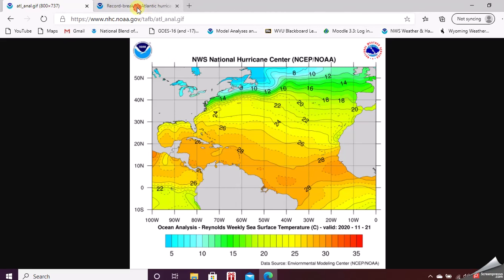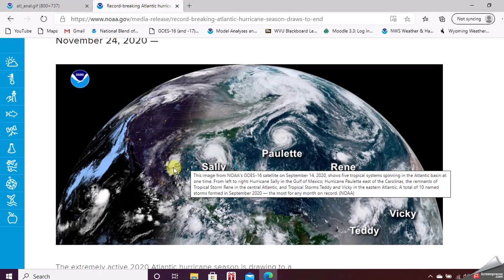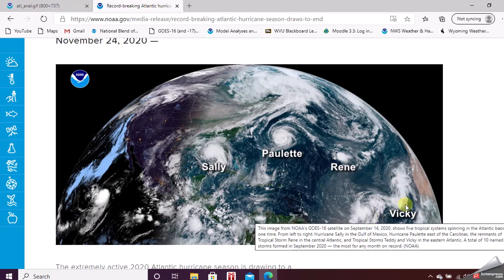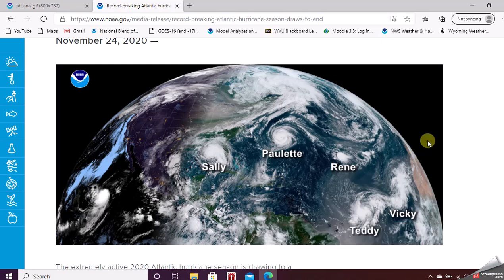I just wanted to show you, I found this image of all that were out there one time this year. And you can see them all over the place here. Hurricane, tropical storms, so many at one moment in time looking across the globe. And this happens every year to a lesser extent. This is about as big as we'll ever see.